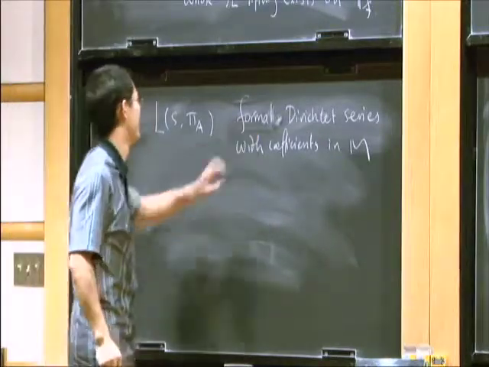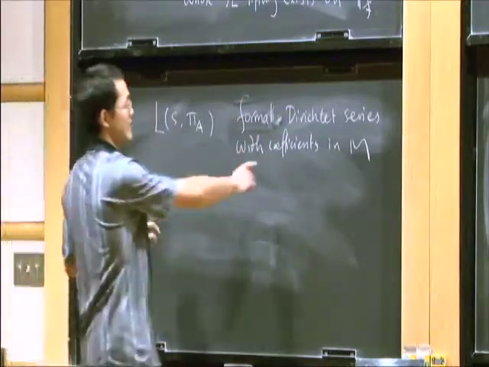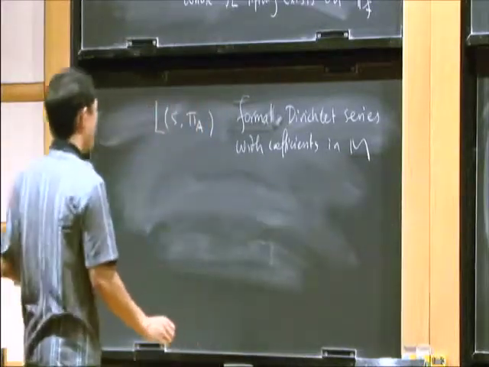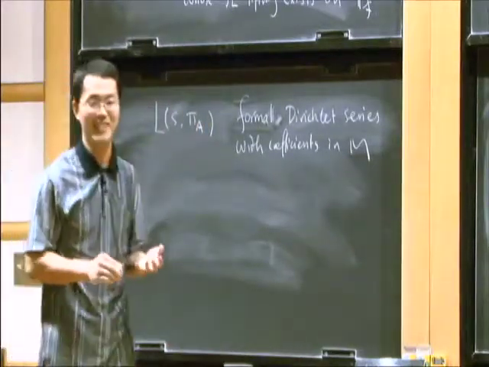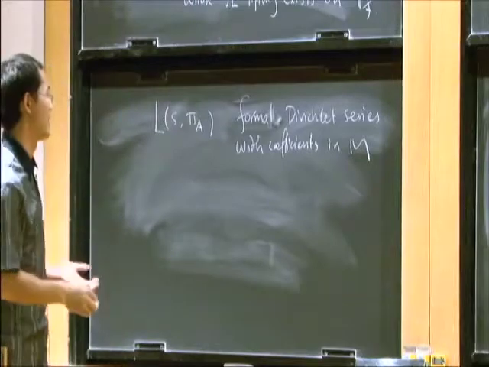Coefficients are in M. So this is only a formal series since it's in M, not in C. But once we pick one embedding, we get a complex Dirichlet series.